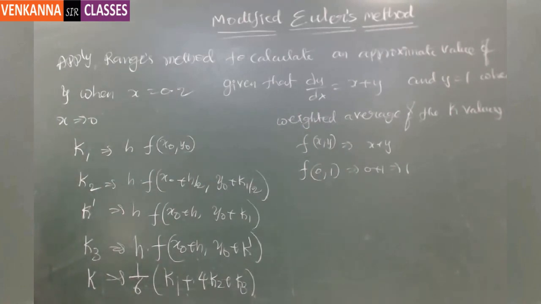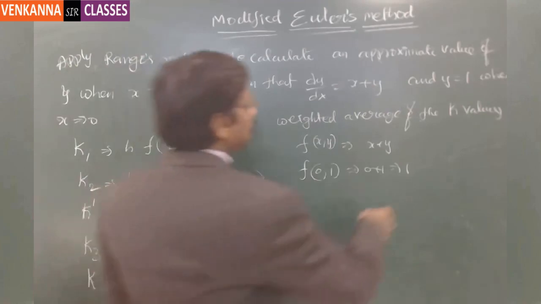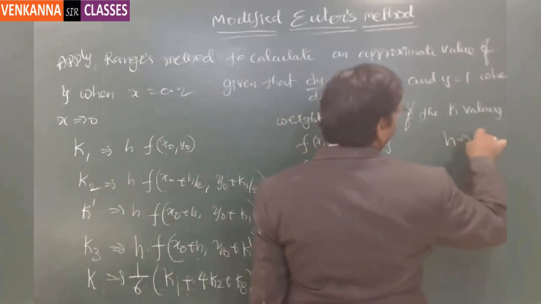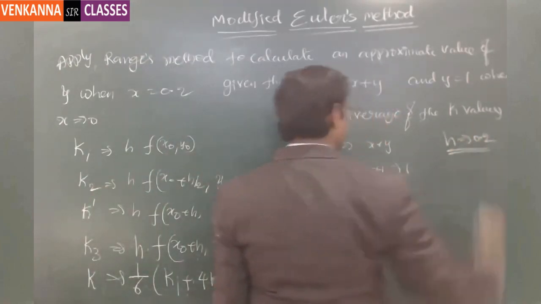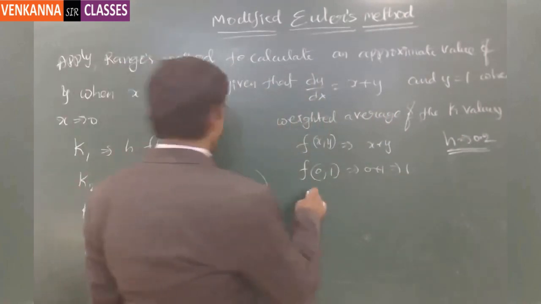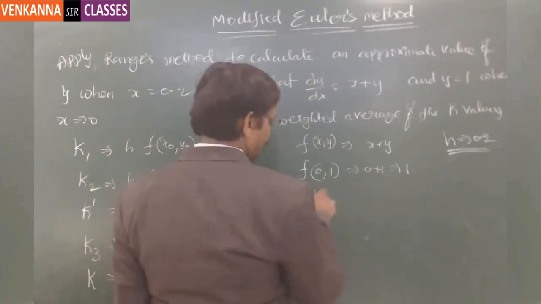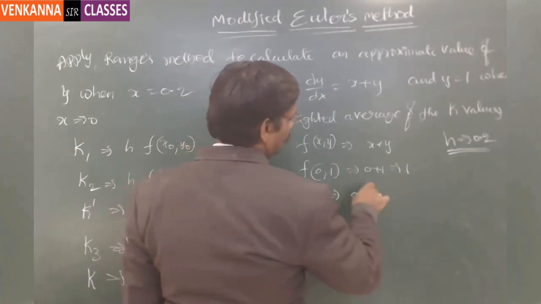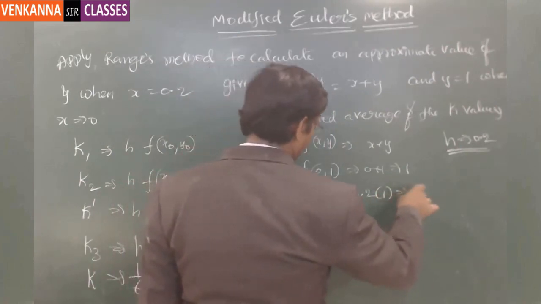I think in the textbook h was directly taken as 0.2. So h is equal to 0.2, and k1 equals 0.2 times 1, so this is 0.2.